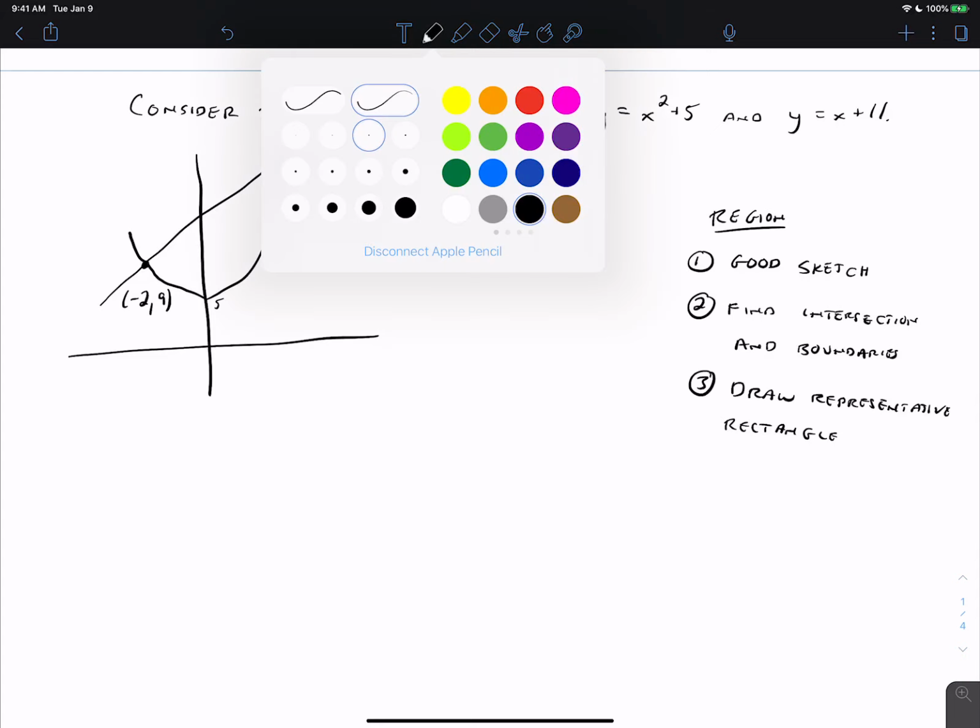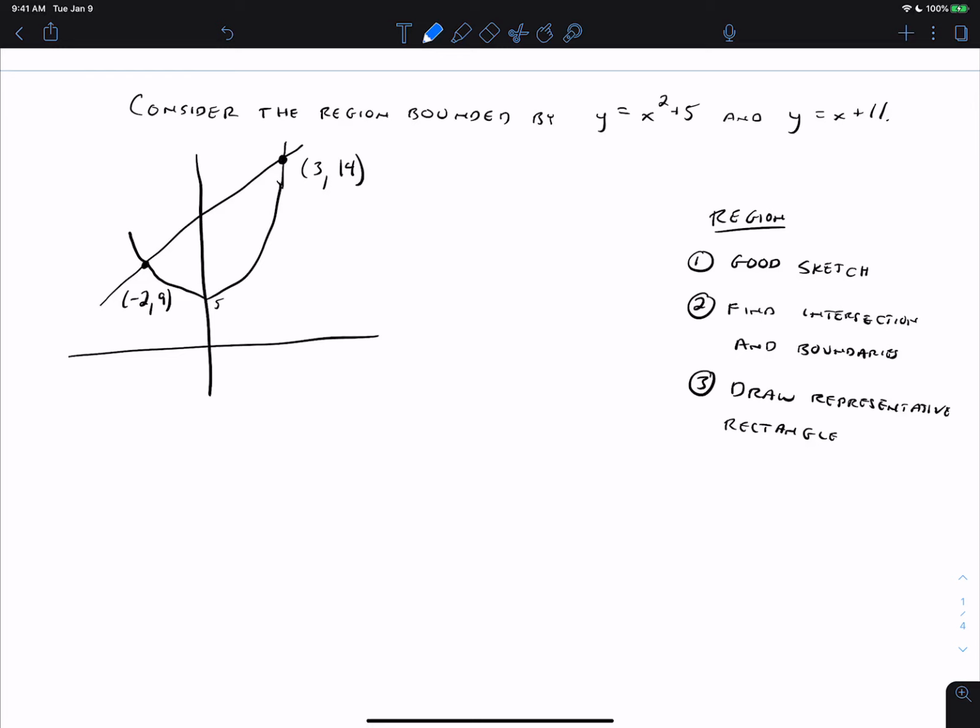On this region, a vertical rectangle is preferable because the top boundary, no matter where you draw it within the region, is on the line y equals x plus 11. The bottom boundary, no matter where you draw it, is on the parabola y equals x squared plus 5. If you drew a horizontal rectangle with base dy, the left boundary would change.